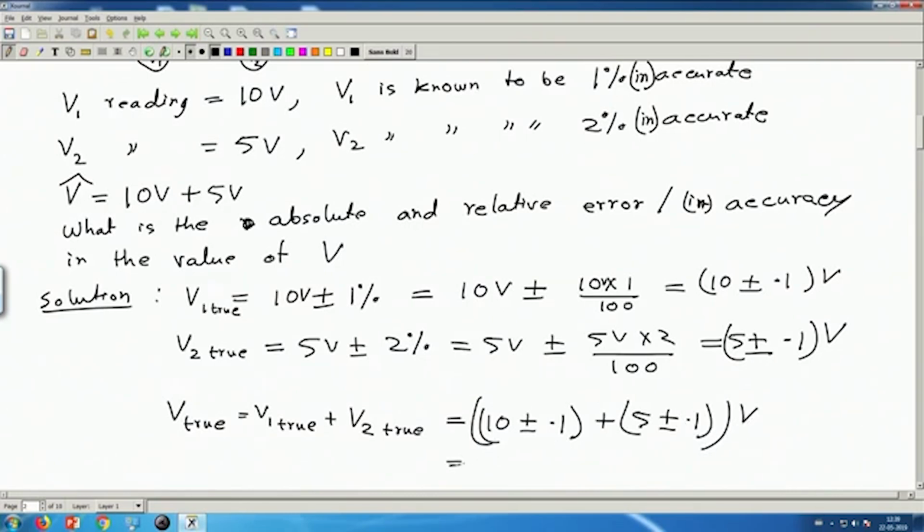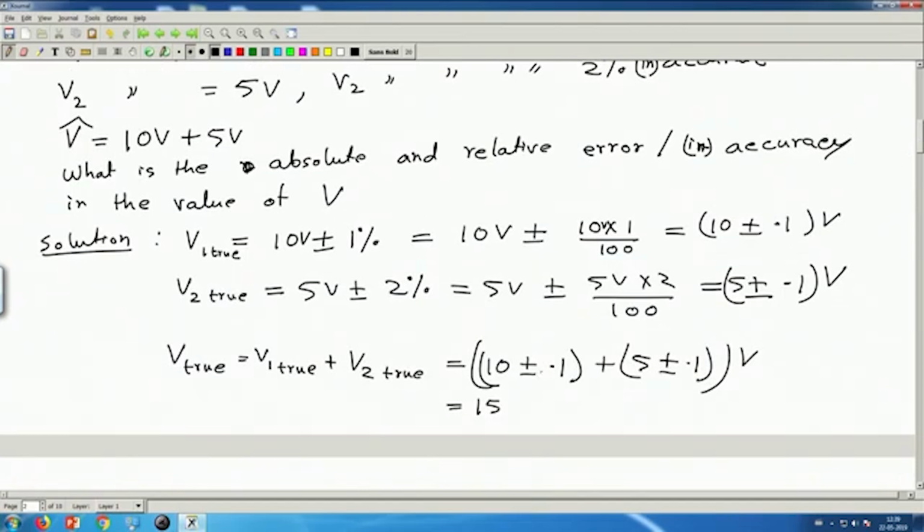So then this will be 15, and then I can have this as plus or minus, independently I can have this as plus or minus. It may happen that when this is plus, this is also plus. It may happen that when this is plus, this is minus. It may happen that when this is minus, this is plus, and similarly this is minus, this is minus. So all possibilities are there.